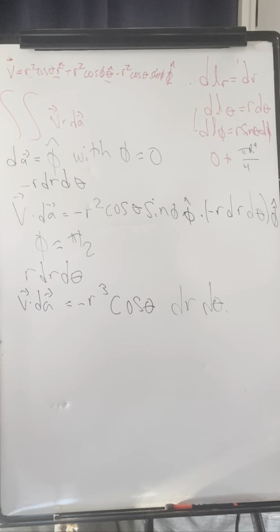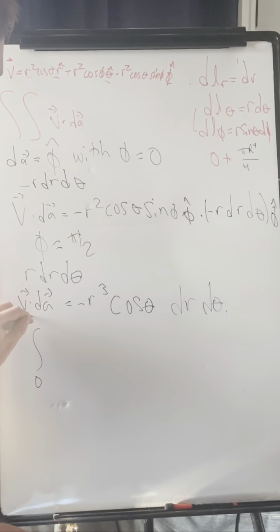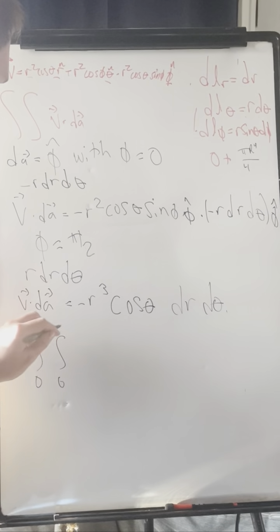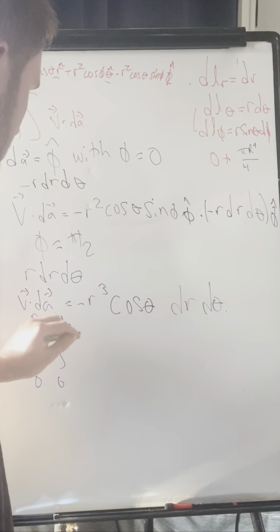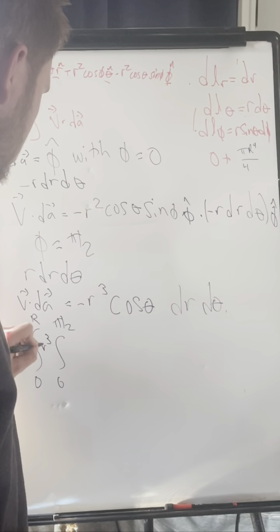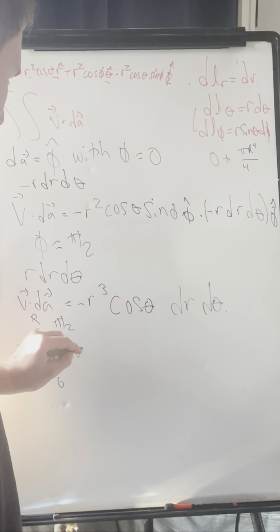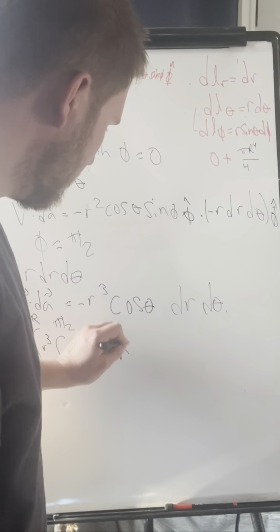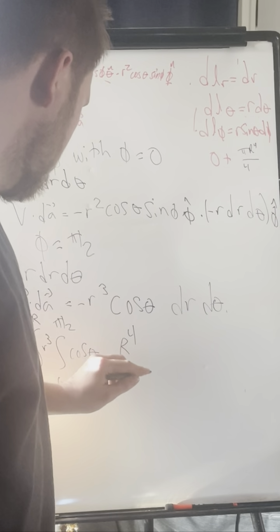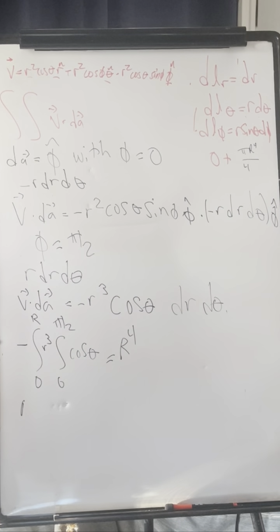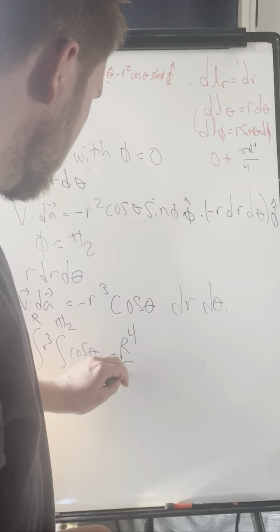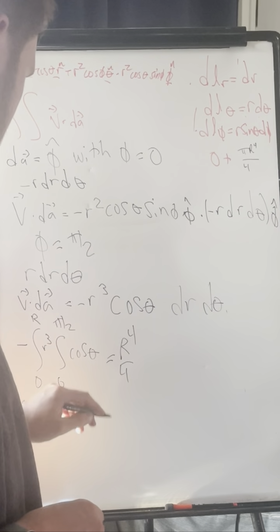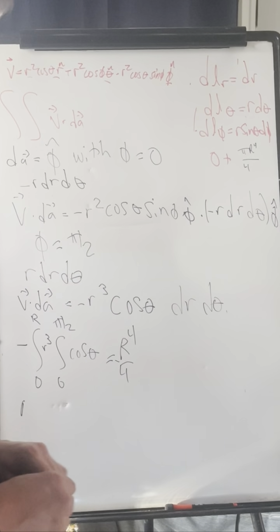Now we integrate that, 0 to r, and then 0 to pi over 2, r cubed minus cosine theta. So we get r to the 4th over 4, and the integral of cosine is sine from 0 to pi over 2, so this is 1. Minus r to the 4th over 4.